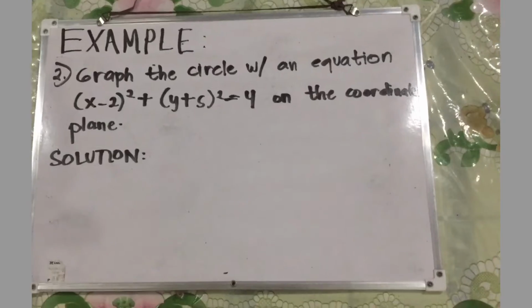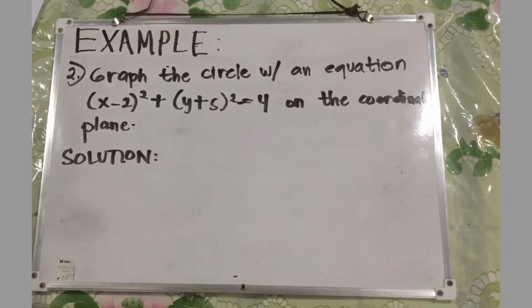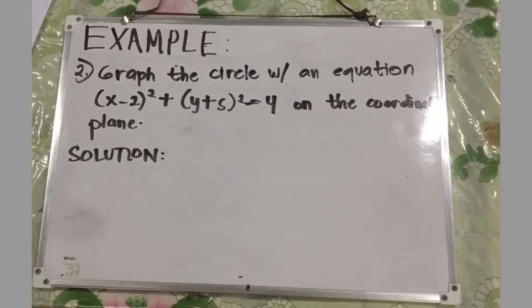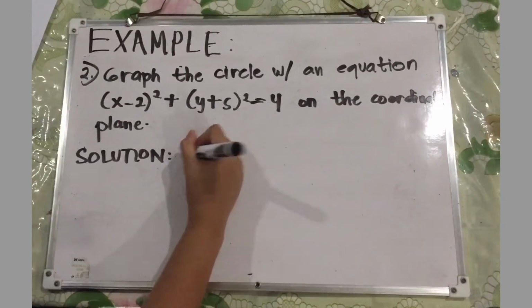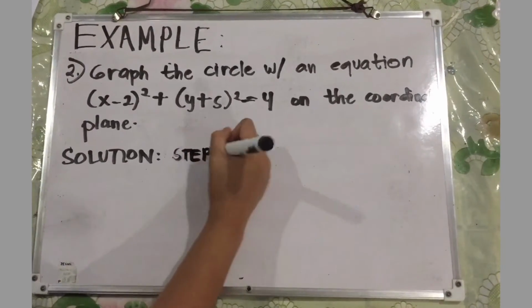Graph the circle with the equation (x minus 2) squared plus (y plus 5) squared equals 4 on the coordinate plane. So the solution, just like example number 1, step 1, we need to find or locate the center.